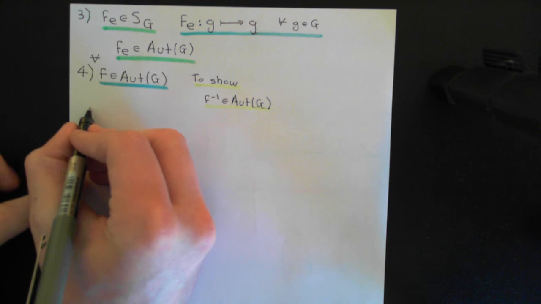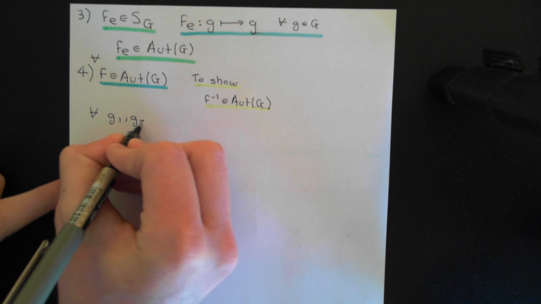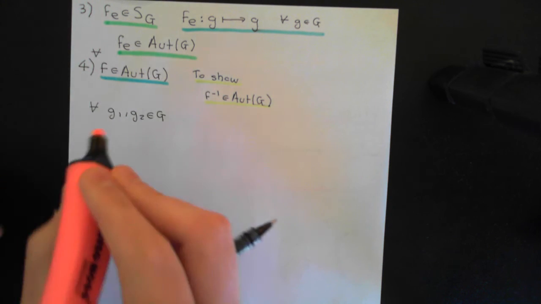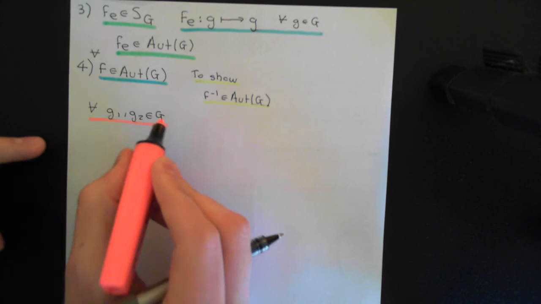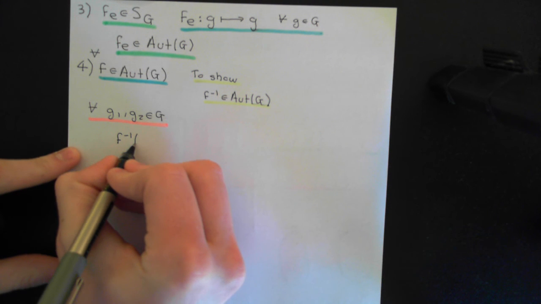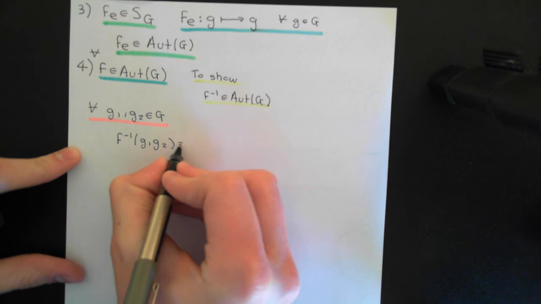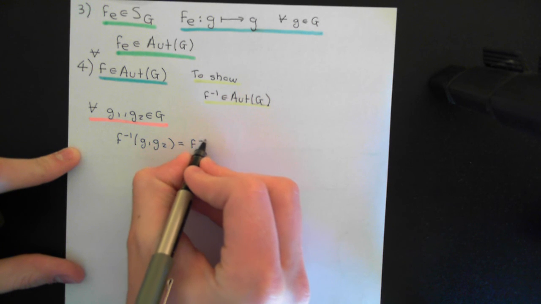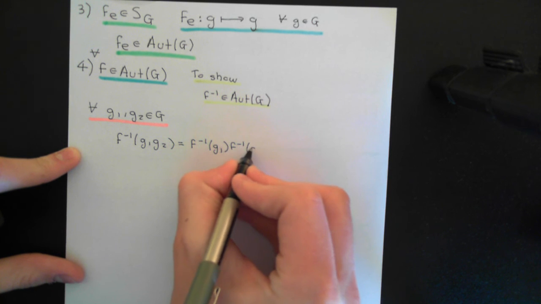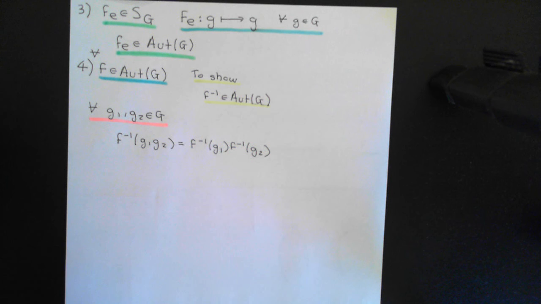Okay, so I need to prove that whatever little g1 and g2 that you pick from the group, okay, so for all g1 and g2 that you can possibly come up with from the group capital G, it's the case that f inverse of g1 composed with g2 is equal to f inverse of g1 composed with f inverse of g2. And remember again, this is composition in the group here and here.